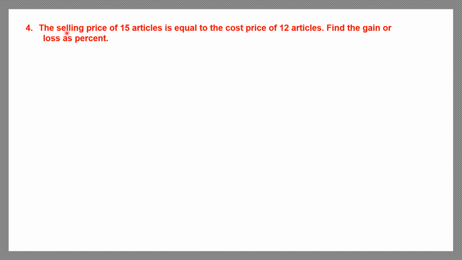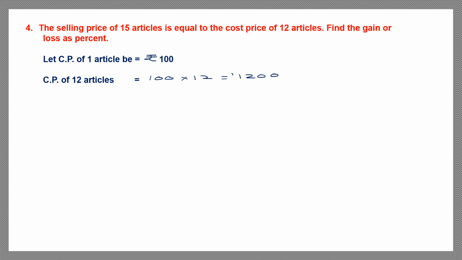Now here it says the selling price of 15 articles is equal to the cost price of 12 articles. So let's consider the cost price of one article to be 100 rupees. That means the cost price of 12 articles will be 100 into 12. So that will be 1200. So this is the cost price of 12 articles.